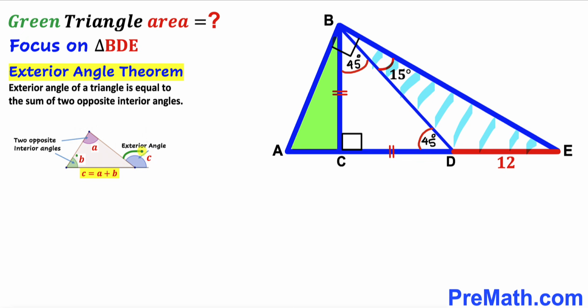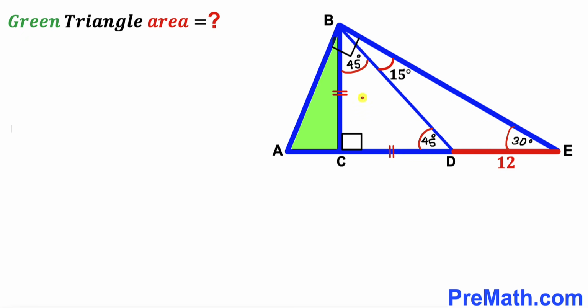Here angle C is our exterior angle, whereas the angles A and B are our opposite interior angles, such that angle C equals the sum of angles A and B. Here this 45 degrees is our exterior angle, and that's going to be equal to the sum of these two opposite interior angles. Therefore this angle has got to be 30 degrees, since 30 plus 15 degrees gives us 45 degrees.